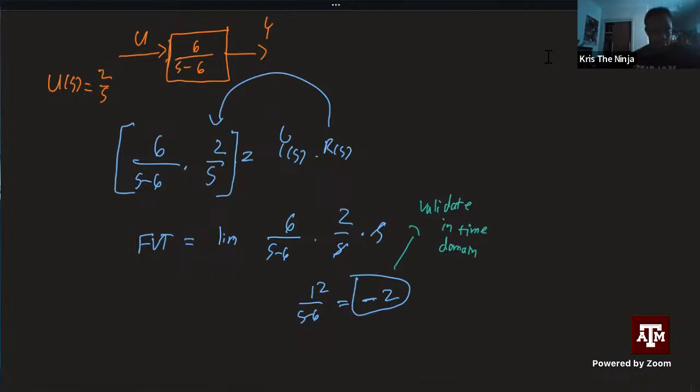I lost my train of thought. We've got 6 over S minus 6 multiplied by 2 over S, and that equals our Y of S. Now we go back to our basic Laplace stuff.